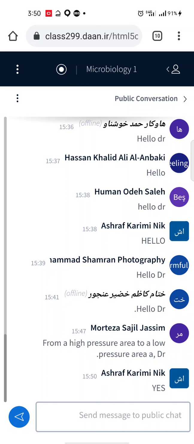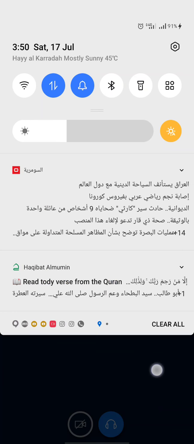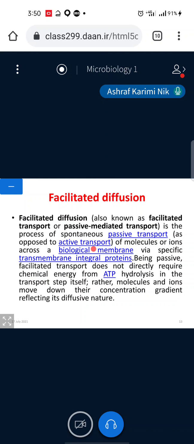Facilitated diffusion is the process of spontaneous passive transport, as opposed to active transport. In active transport, we need energy, we need ATP to transport a material into the cell. But in simple diffusion and facilitated diffusion, no energy.